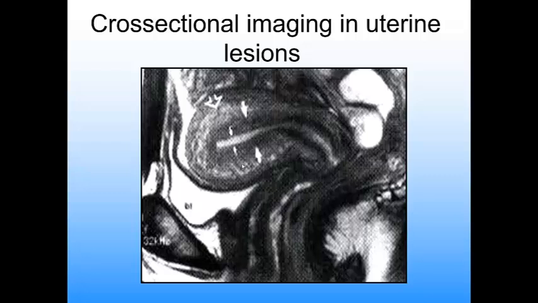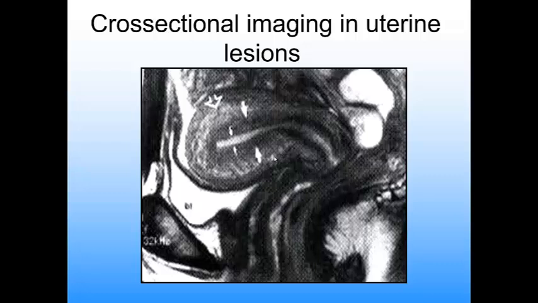Then comes the intermediate layer of the myometrium. Here this is the intermediate layer, and here these are the arcuate vessels, not to be mistaken for adenomyosis. Many colleagues, when they find these bright spots, think of adenomyosis, but this is not adenomyosis.